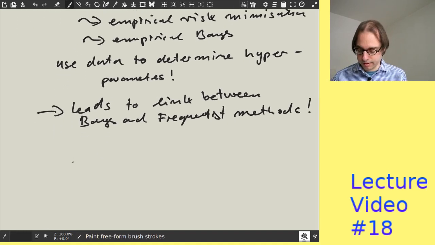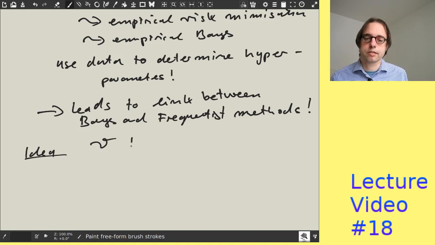So the basic idea is we look at the true value, so theta is our true value now, and we'd like to minimize the MSE.